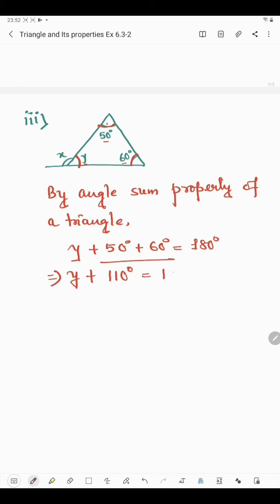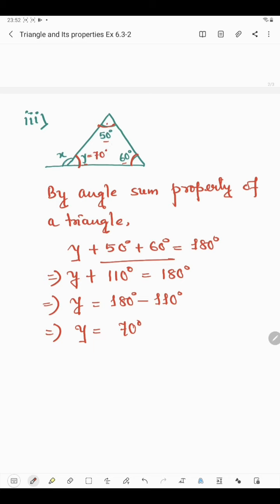So y plus 110 degree is equal to 180 degree. Now we will have to find the value of y. So y will be alone here, and we'll just remove 110 degree. So it will be 180 degree minus 110 degree. So y will be 0 minus 0 is 0, 8 minus 1 is 7. So y is 70 degree. Now we have got the value of y.